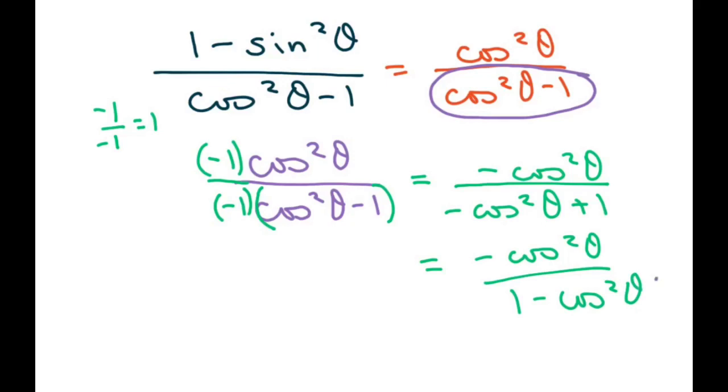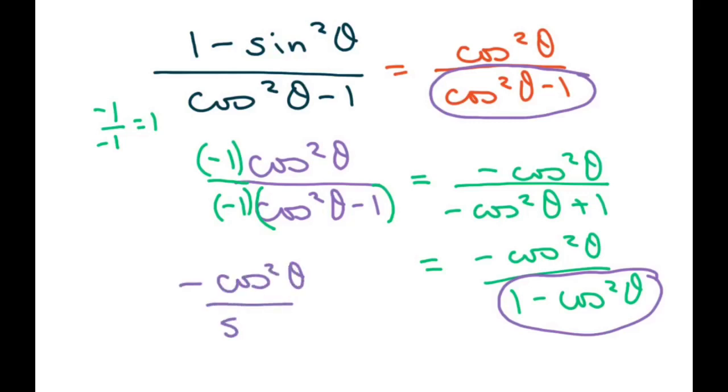Now this equals sine squared. So now we have negative cosine squared of theta over sine squared of theta, and that equals negative cotan squared of theta.